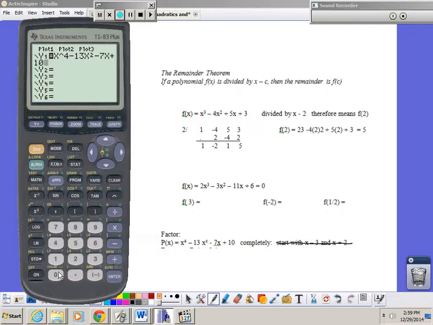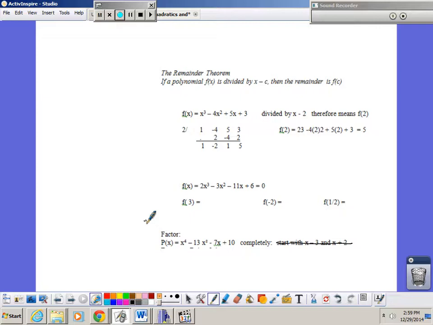And hopefully I didn't type the whole thing in wrong. Hit second graph and see if I can find any zeros. I can't. That means I typed the whole thing in wrong. Let me find you a new one, which will probably be on your new paper.